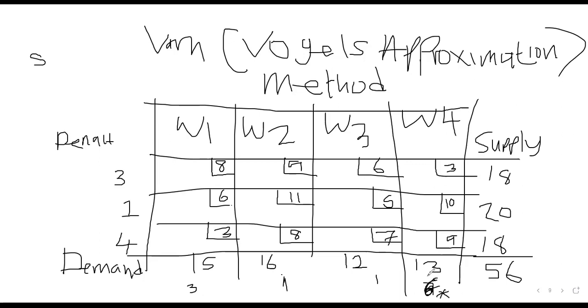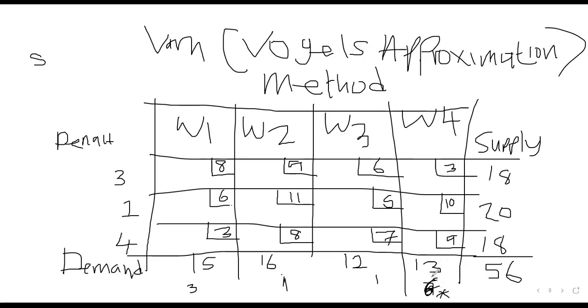So now this demand of 13 should be met. You will select the smallest cost in this column, because the highest penalty is a guide. So select it.